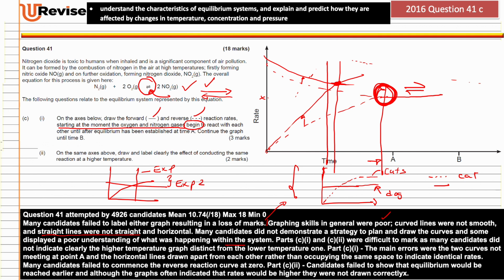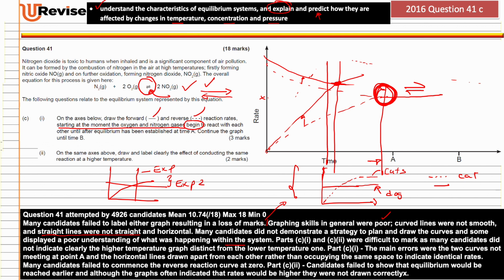Let's look at the syllabus points that were being examined here. We've got this one which says understand the characteristic of equilibrium systems and explain and predict how they are affected by changes in temperature, concentration, and pressure. Here we're not supposed to explain. We're just supposed to predict and illustrate that on a graph.